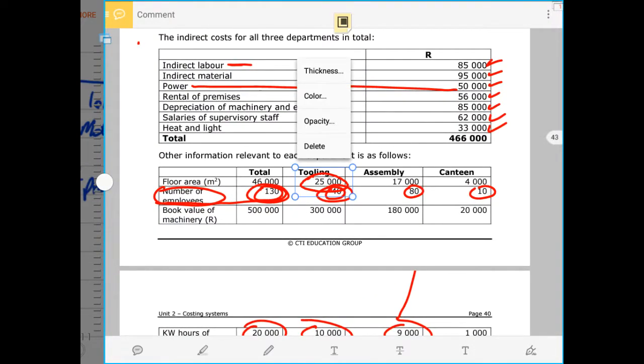The next overhead is the allocation of the depreciation of machine and equipment.